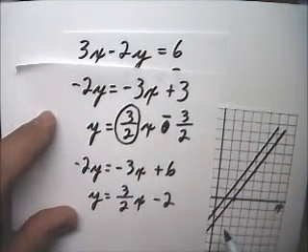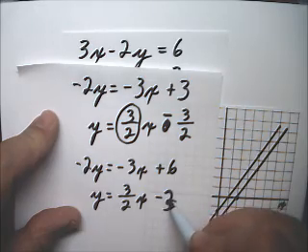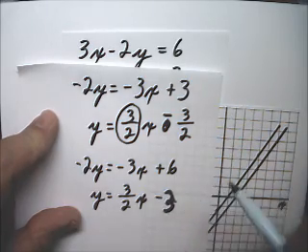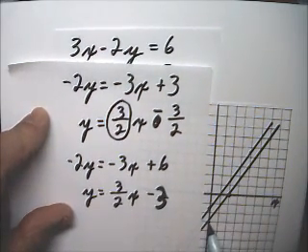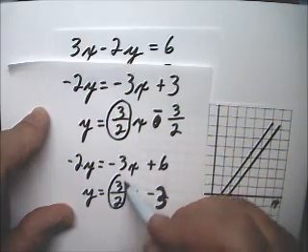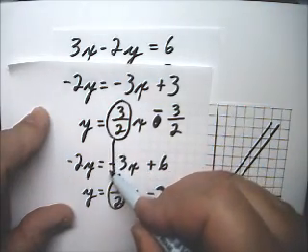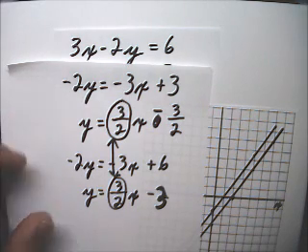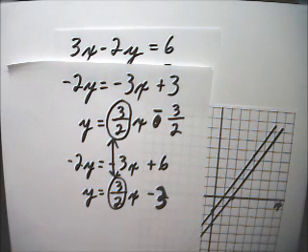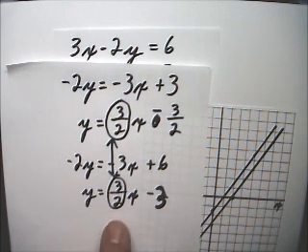I'm sorry, minus 3. So the y-intercept is just -3, and the slopes are both the same. And when the slopes are both the same, that means they are parallel lines. So the solution here is that they have no solution.